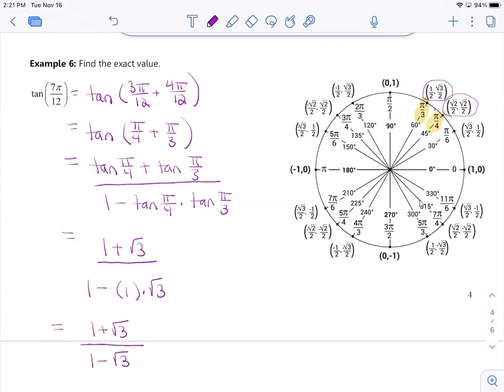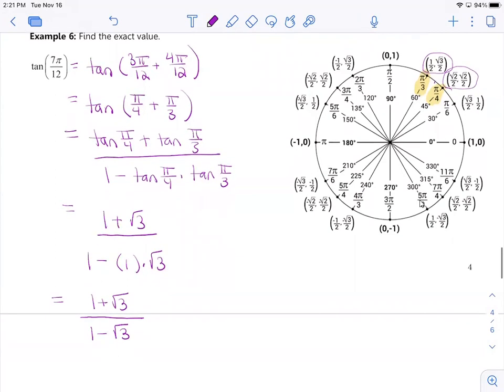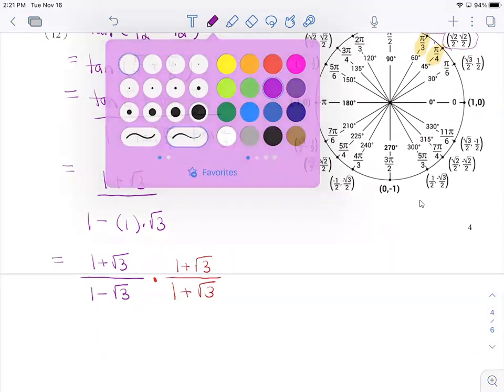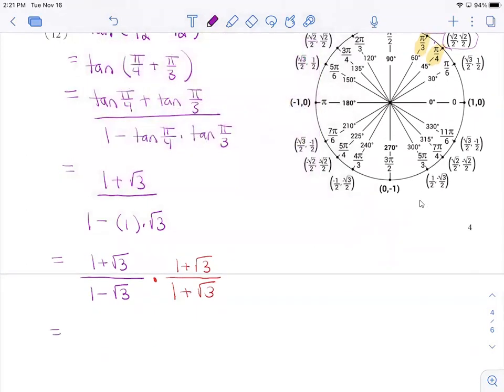We've talked about in this class how we're not allowed to leave radicals in the denominator. And this is from a previous course. To get rid of that radical in your denominator, you want to go ahead and multiply by the conjugate. So when you do that, I get 1 times 1, 1.